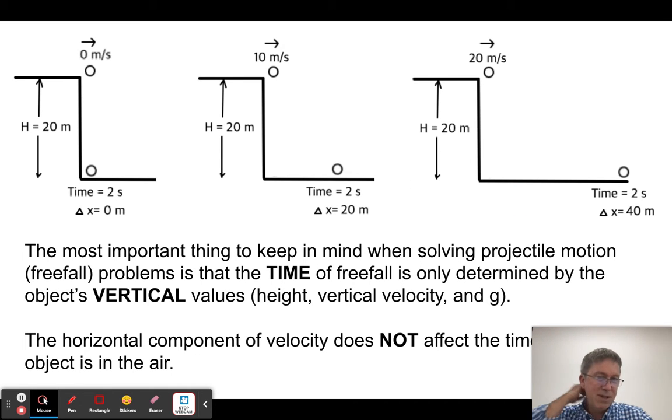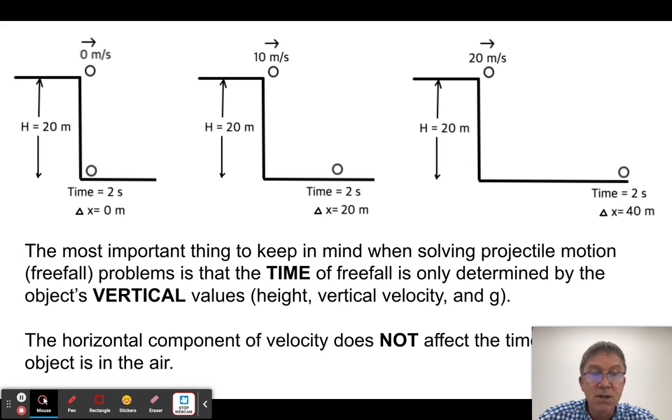But the most important thing of all to keep in mind when you're trying to solve problems involving what we call projectile motion, that means objects that are moving in two dimensions as they are in a state of free fall, is that the time of free fall is determined entirely by the vertical components of motion. How high it is, what its vertical velocity is, what the acceleration of gravity is.